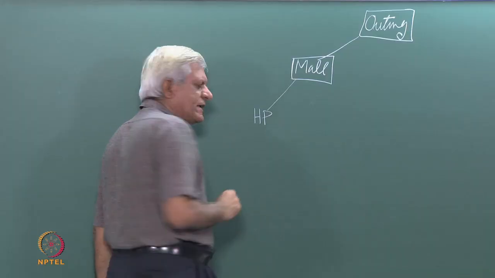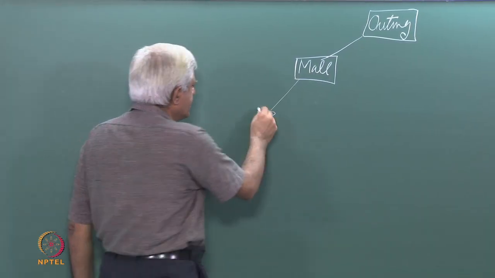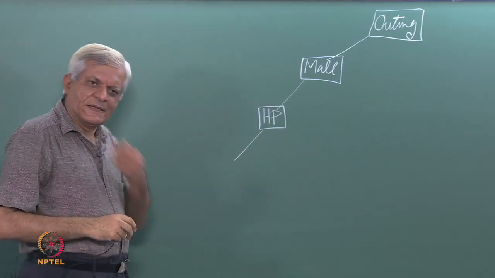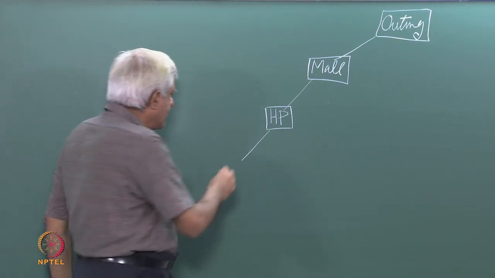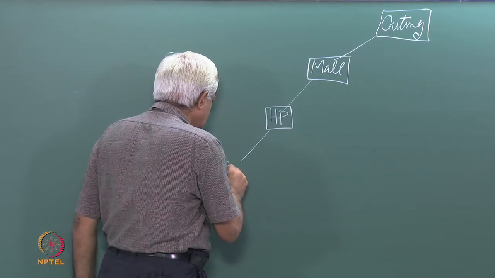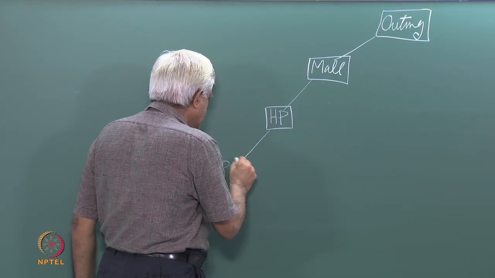I will use HP for Harry Potter, one of the Harry Potter films, and then you will go and eat somewhere. Let us say Pizza Hut. So, I will use PH for Pizza Hut.